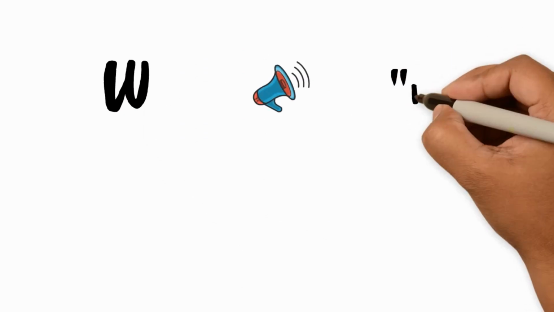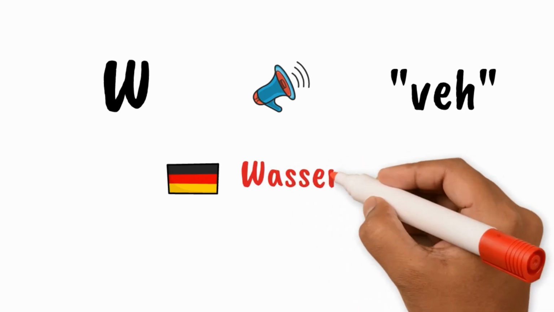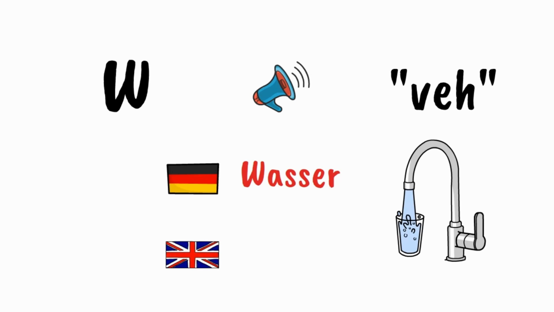W has a sound of V in English. Wasser. W, Wasser.